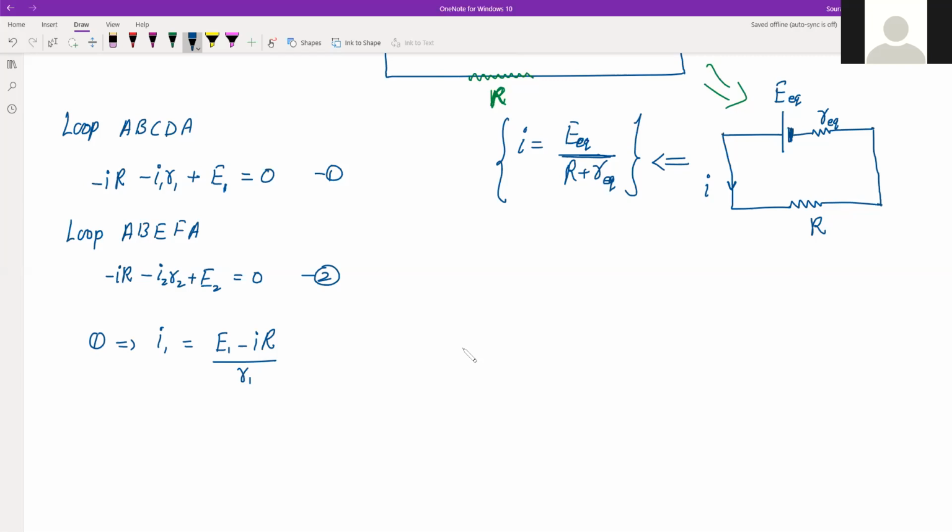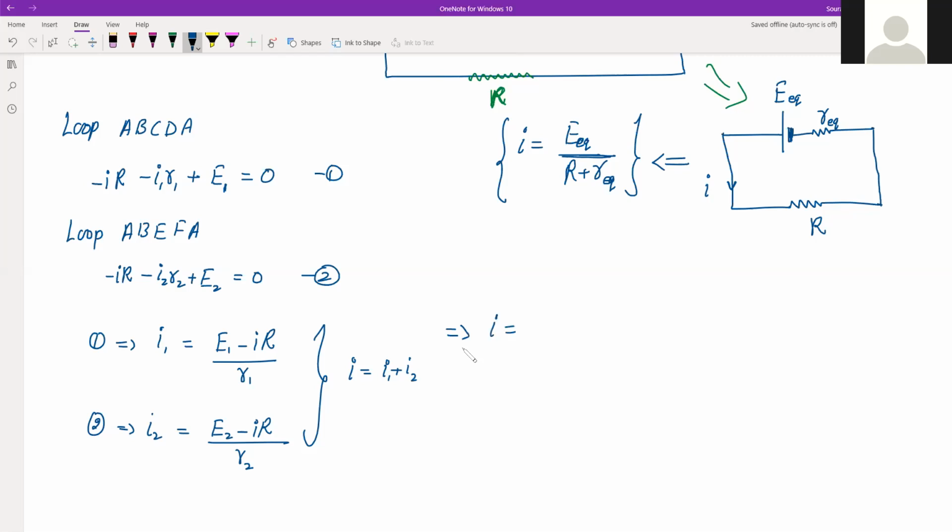Same way, from the second equation, I'll get I2, and that will be equal to (E2 minus IR) divided by R2. So this is what I1 and I2 are. Now, if these are I1 and I2, then what is I? I is equal to I1 plus I2.